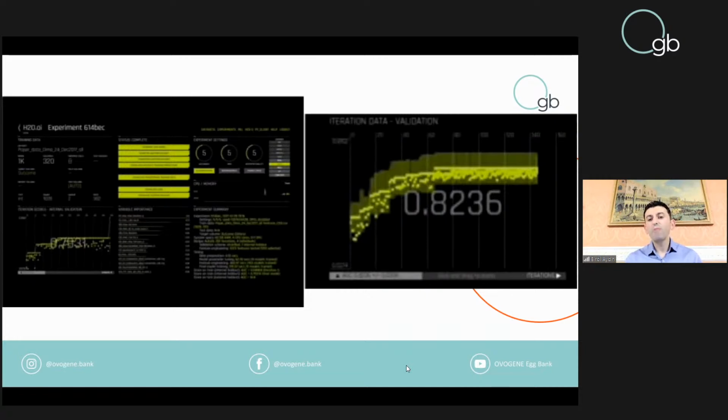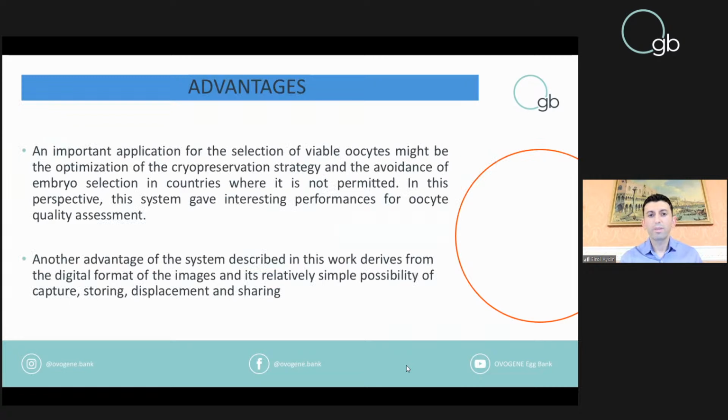When it passes 0.5 possibility, approximately 60%, we are considering freezing. But when it gets less than 0.5, I will show in future slides, sometimes when we as embryologists say it is a good oocyte, the artificial intelligence says no, this is less than 0.4, and we are not going to freeze.